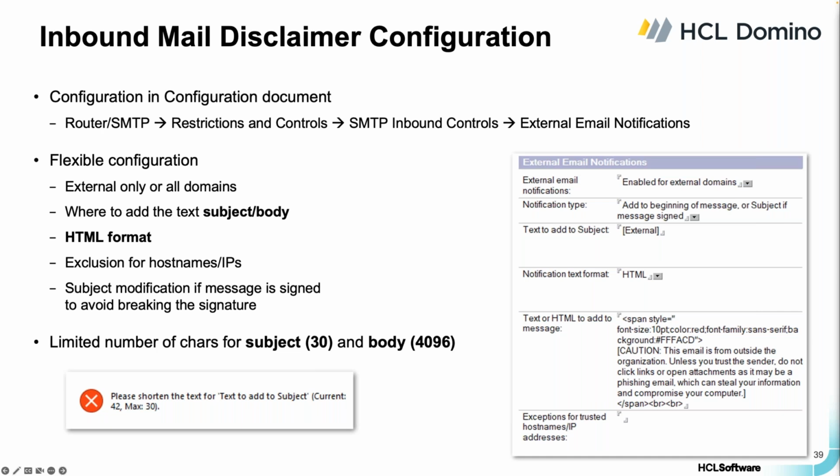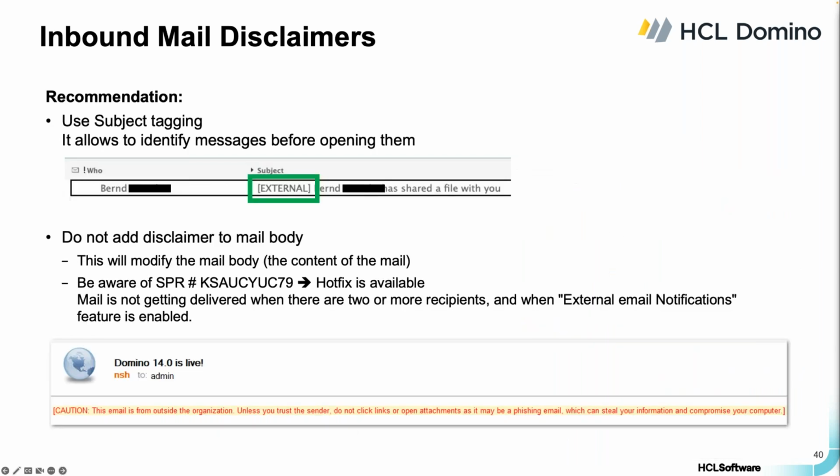For this feature, if you want to use it, we recommend using subject tagging, which means an email that arrives in your inbox can already be identified as coming from an external source because the column subject here, as indicated in green, already contains the tag that you have specified.